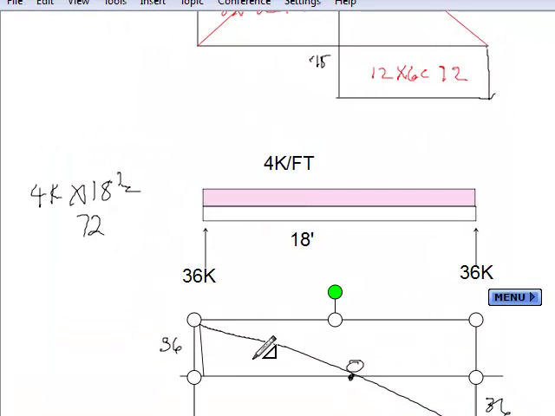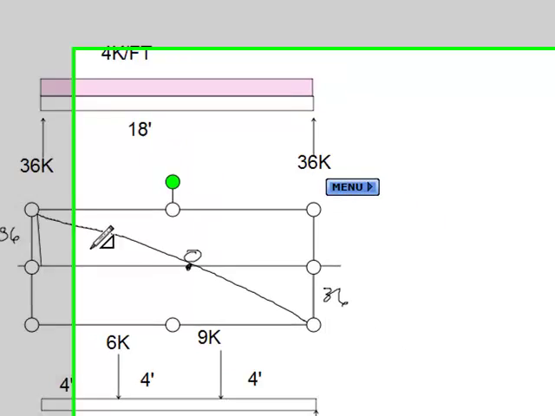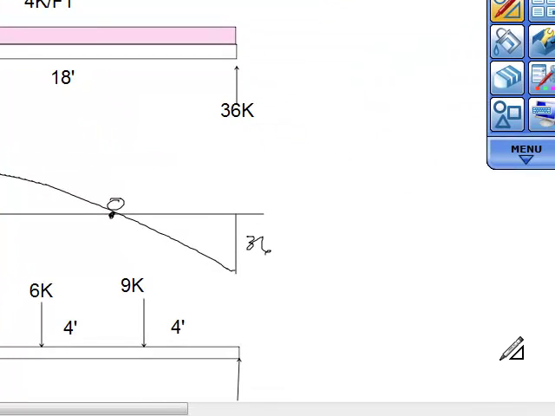So how do you figure out the area of a triangle? You may remember, 1/2 of base times height. If you turn it into a rectangle, then it's half of that, so it's 1/2 of base times height.